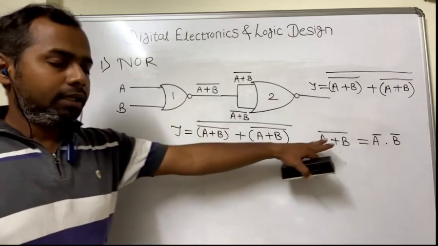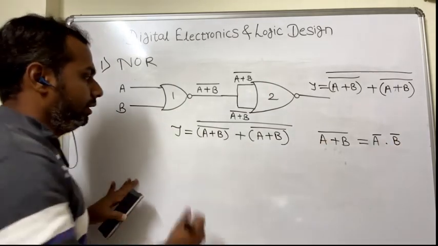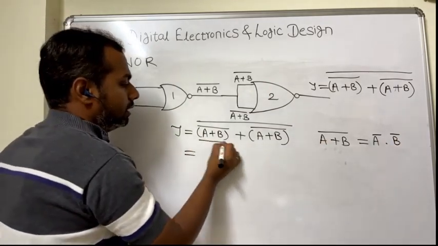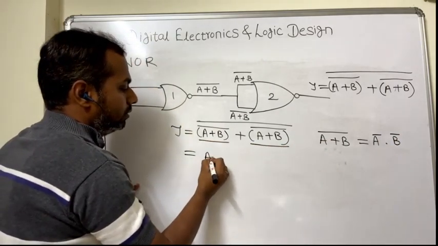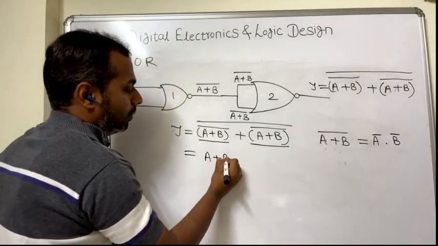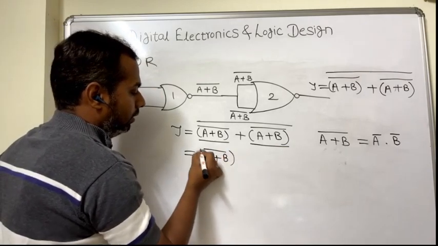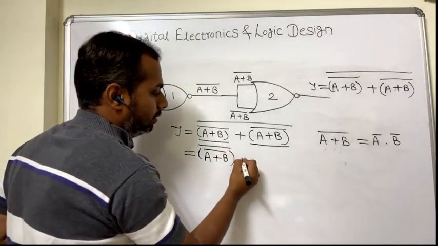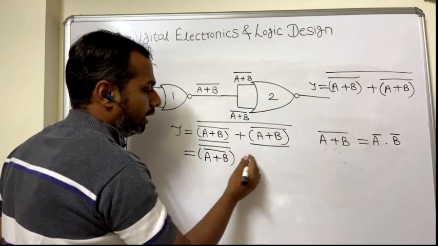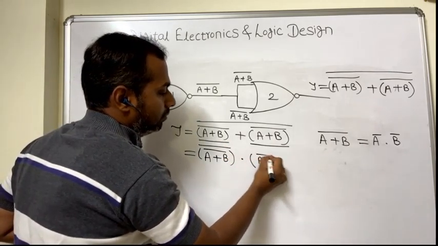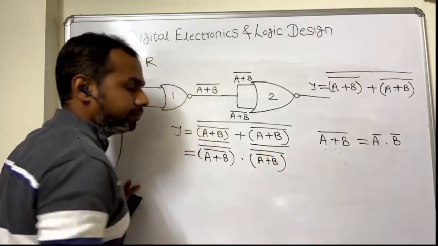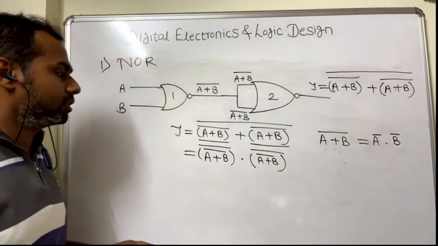So if I apply that logic here, and if I consider this as first term and this as second term, so I can write it using De Morgan's law theorem, the first term complement instead of or and operation, and the second term complement. This is using De Morgan's law theorem.